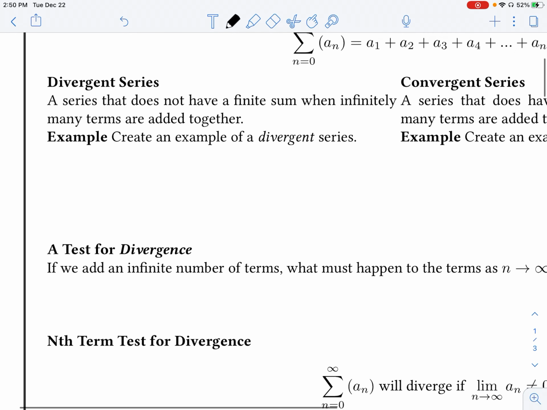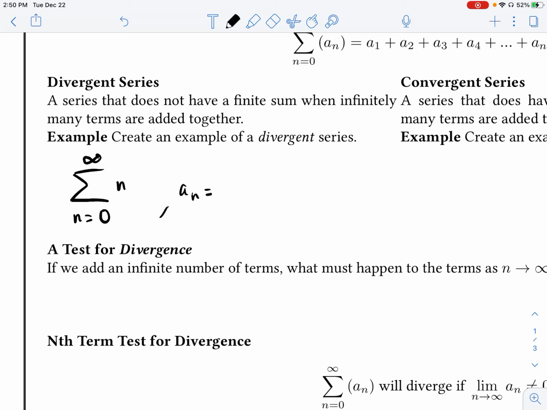A classic example of a divergent series would be something like a lower index starting at 0, and it could be 1, 2, it doesn't really matter. Something like this would be a pretty clear example of a divergent series. Or you know what, let's make it even easier. Let's just say something like that. That would be a divergent series, because what does a sub n look like here?